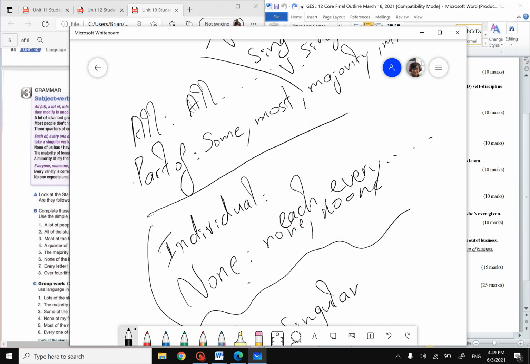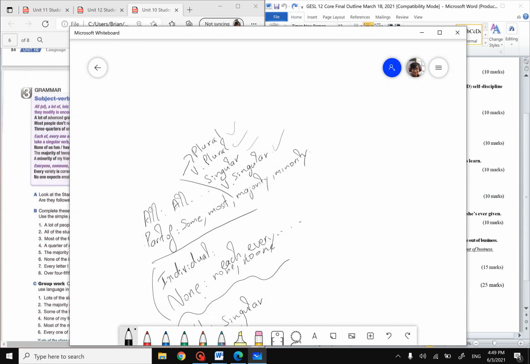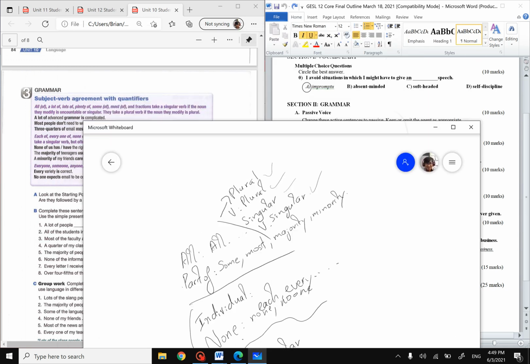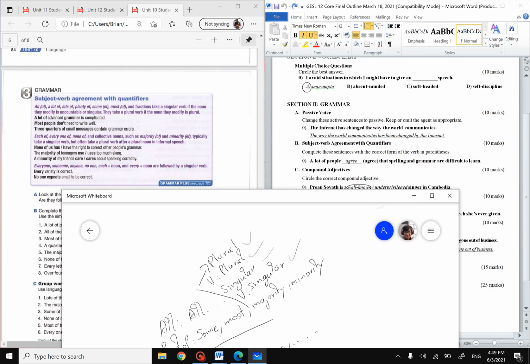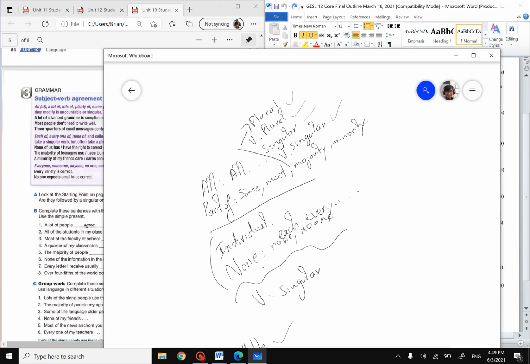This time we have a quantifier there to influence the meaning of the subject. As I already taught you, I categorize quantifiers into 4 types. One is the quantifier that means all, something like all.